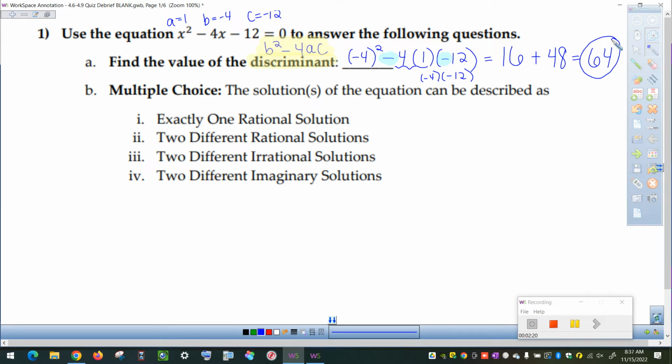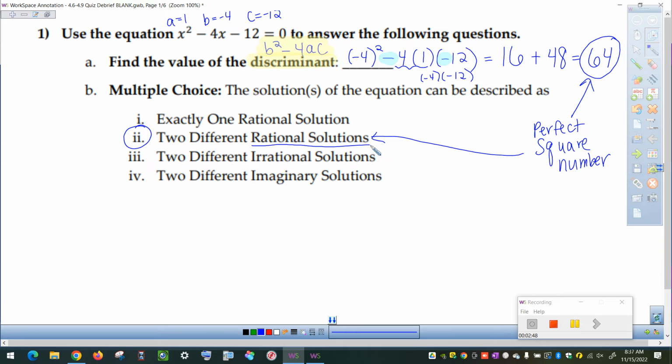Now, the type of number that this is going to inform how many solutions we have and what types of numbers they are. If you get a perfect square number like 64, we can take the square root of that. That means that we are going to have 2 rational solutions when we solve this.